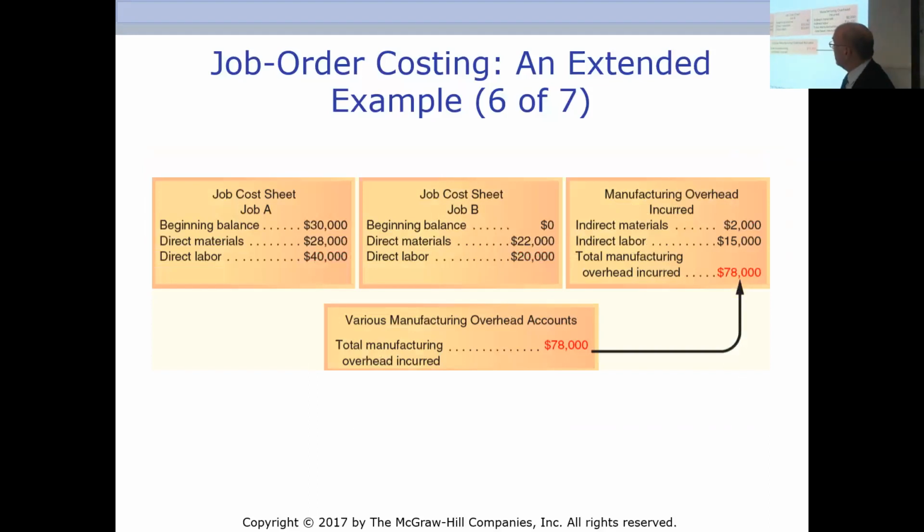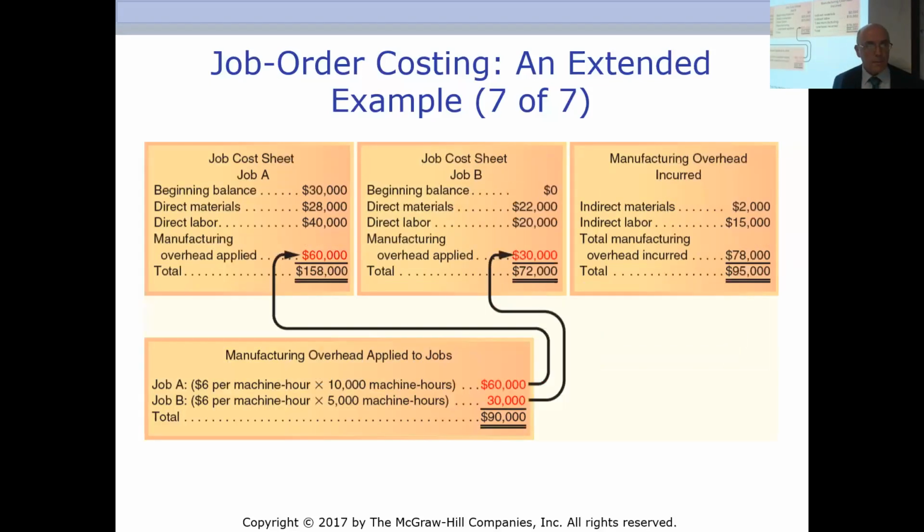And so what do we have here? We have total manufacturing costs of 78,000. That's for manufacturing overhead. And the manufacturing overhead that's applied to the various jobs: for job A, $6 per machine hour times 10,000 machine hours, 60,000.